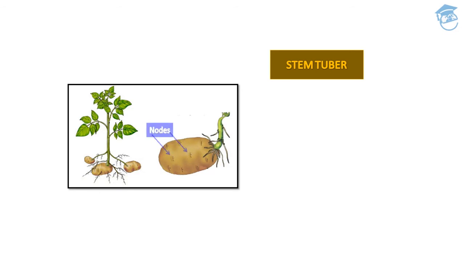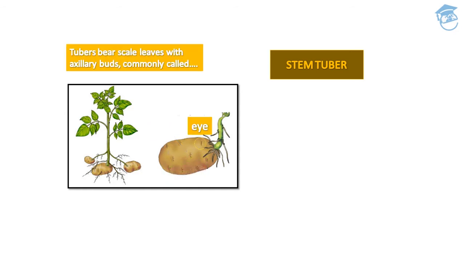See, these are the nodes, which are also called eyes of potato in day-to-day language, and the space between the two is known as internode. So this shows that a potato is a modified stem, because it has nodes and internodes.